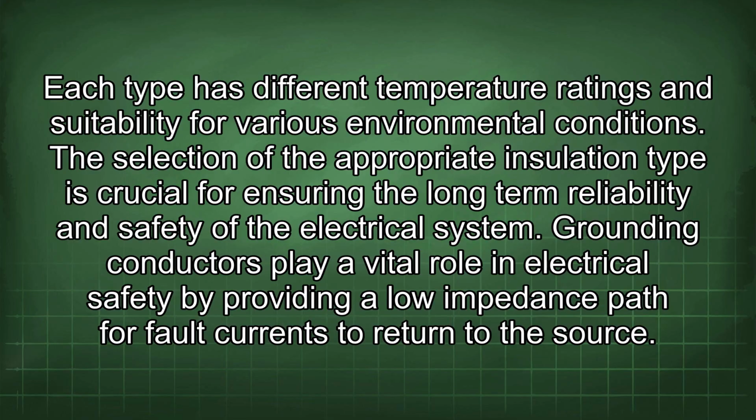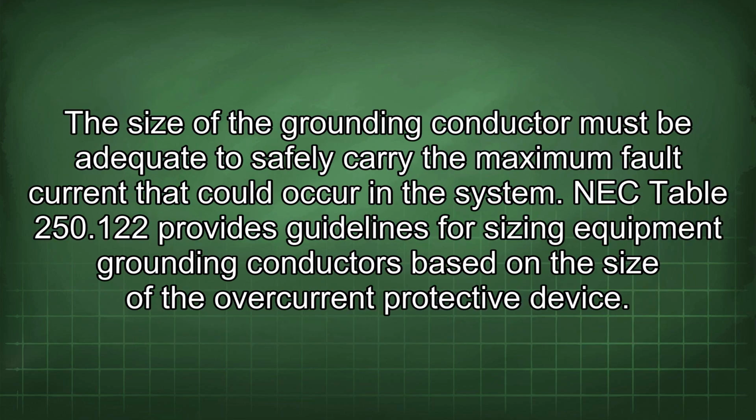Grounding conductors play a vital role in electrical safety by providing a low impedance path for fault currents to return to the source. The size of the grounding conductor must be adequate to safely carry the maximum fault current that could occur in the system. NEC Table 250.122 provides guidelines for sizing equipment grounding conductors based on the size of the overcurrent protective device.